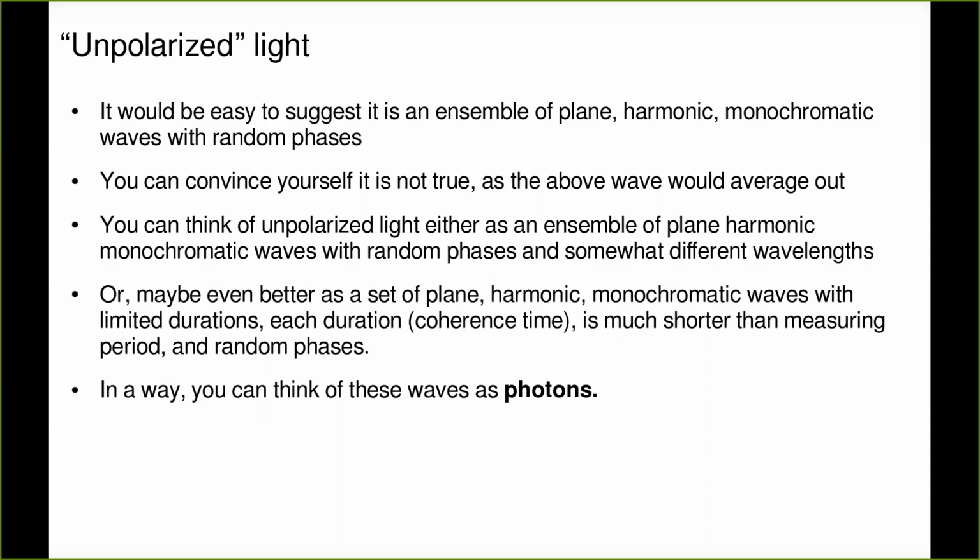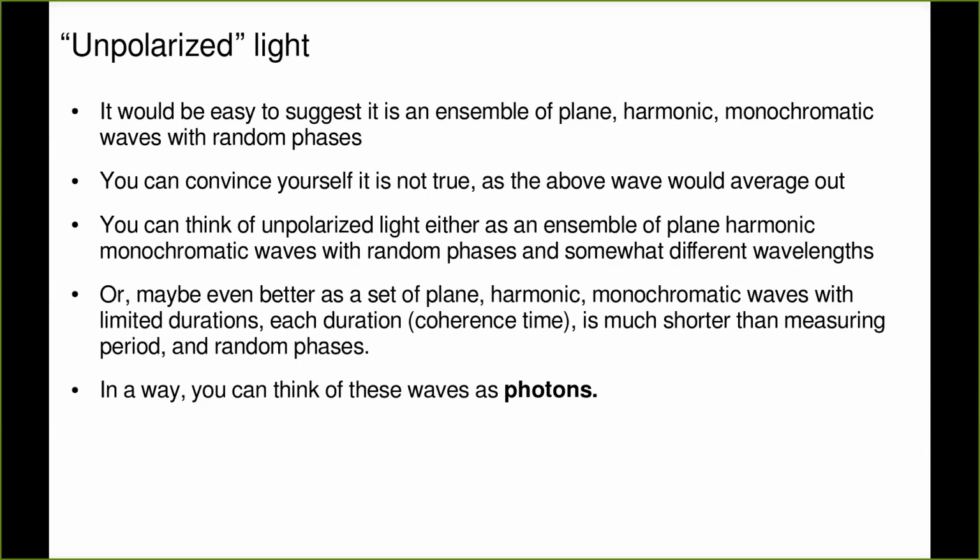But one way you can think about it is that what we are actually measuring are things that behave as nice monochromatic plane waves, except that they don't last infinitely. They have limited temporal duration, which is again much shorter than our integration time.